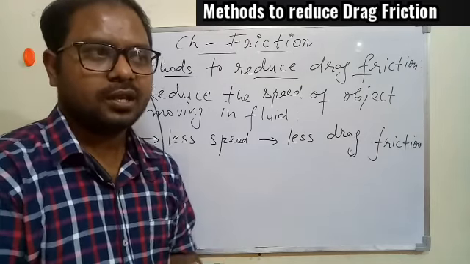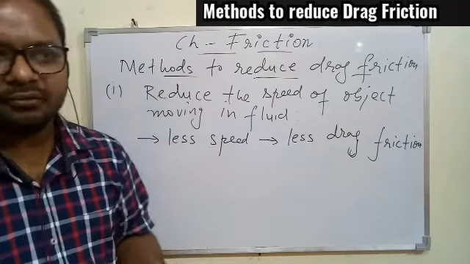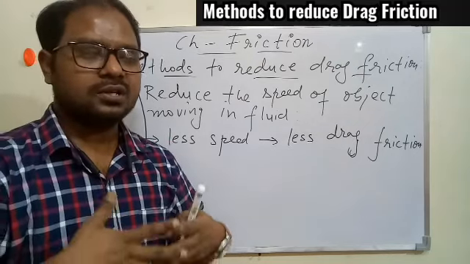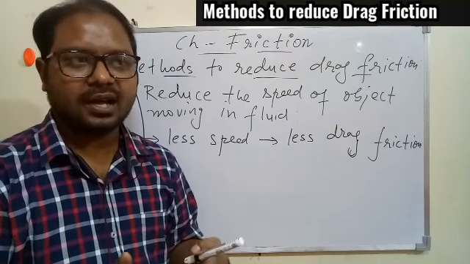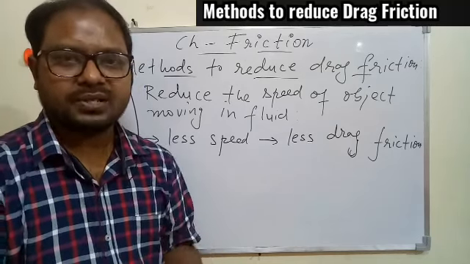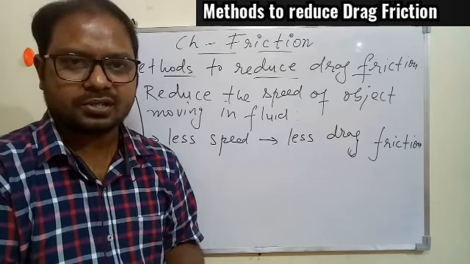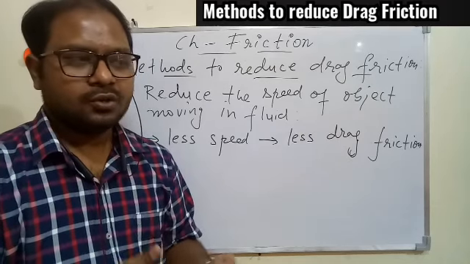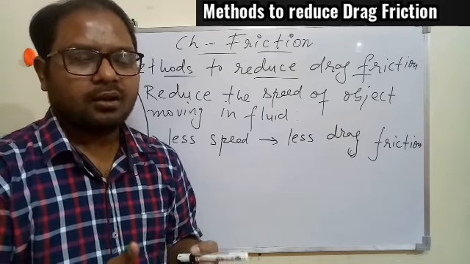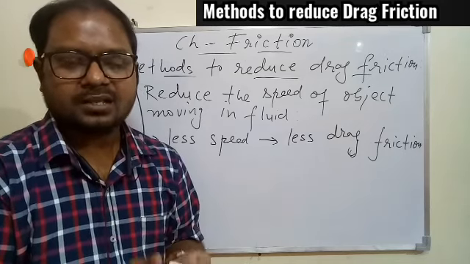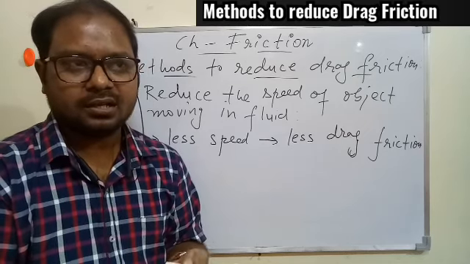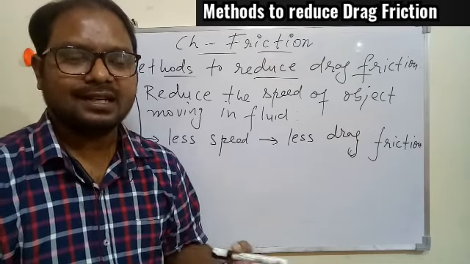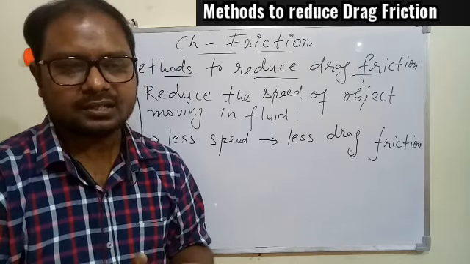Like if the wind is blowing and you try to run within the atmosphere, you see when the speed of the wind is very high, you face more problems overcoming that drag friction when you start running. So running within the atmosphere will be a problem for you compared to walking. When you run, you feel more drag friction and find difficulty in running.